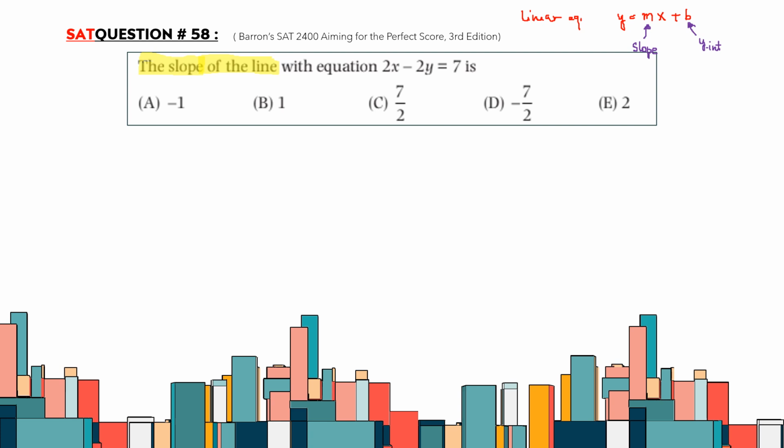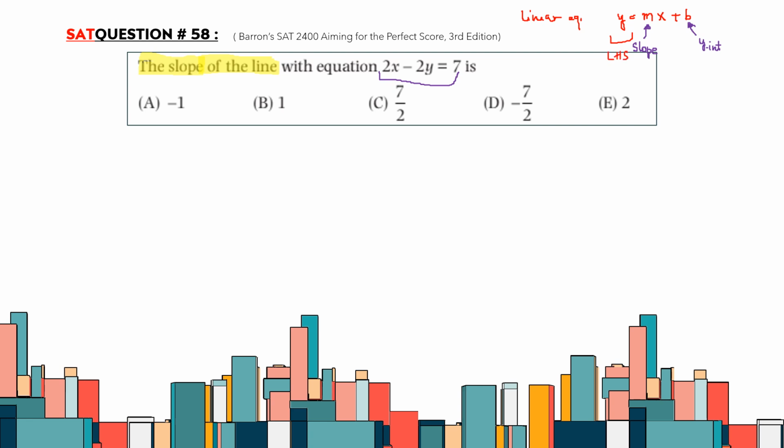So you see that if we can somehow rewrite this equation in the form y equals mx plus b, then we can know what m is, right? To do that, we want to isolate y, because the left hand side only has y.